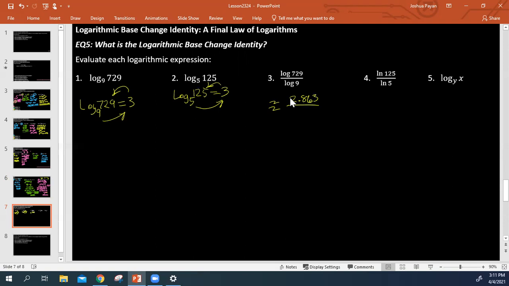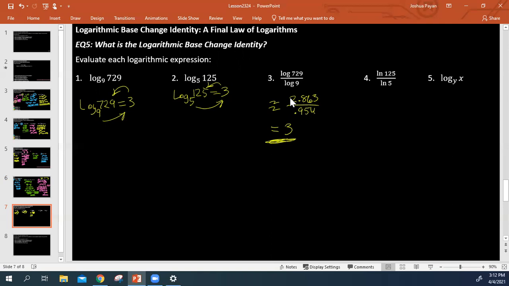And log base 10 of 9, so just log of 9, 0.954. Okay, when you divide those two numbers, you get precisely, wow, 3.